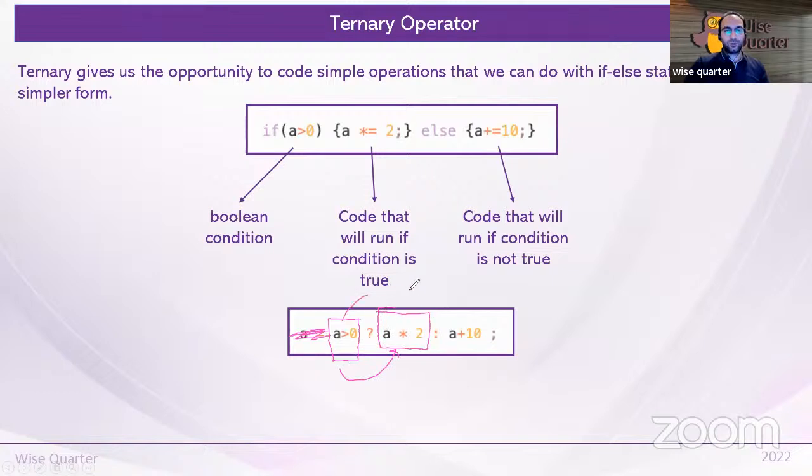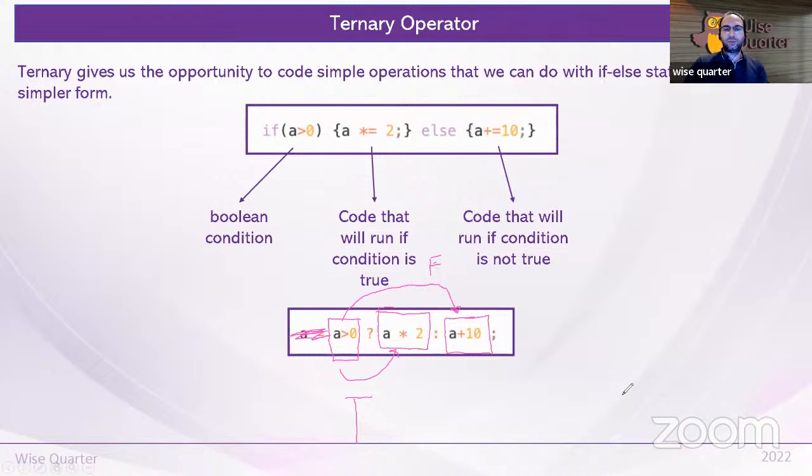If it is false, this will be executed. True, false. If it is higher than 0, do that. If it is false, add 10 to it. If you can understand this if-else statement, it is exactly the same thing.